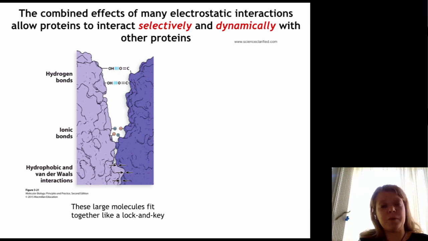I mean, overwhelmingly, that's what proteins do. They're not used up in biochemical reactions. They're just there to make the process go more smoothly. So they need to be able to bind each other and then release and continue going on to the next target.